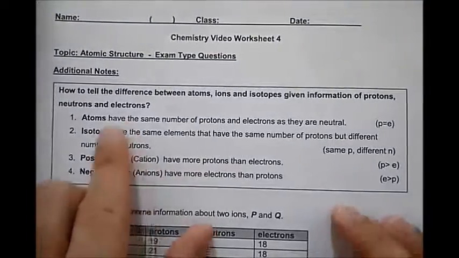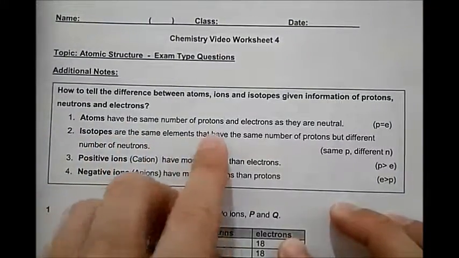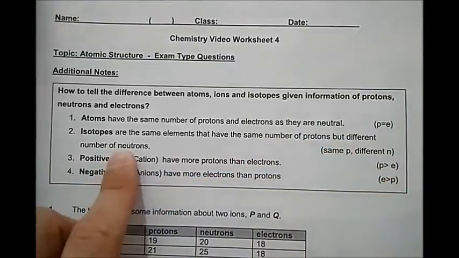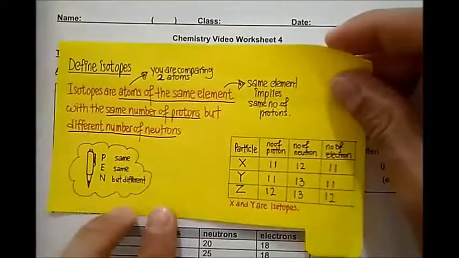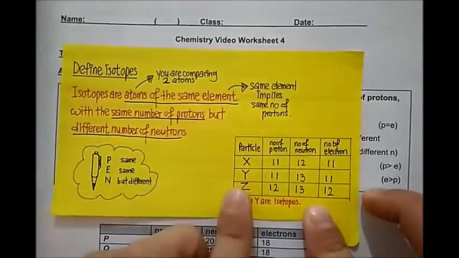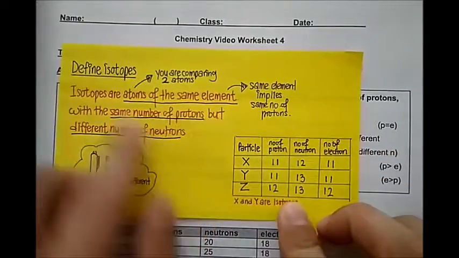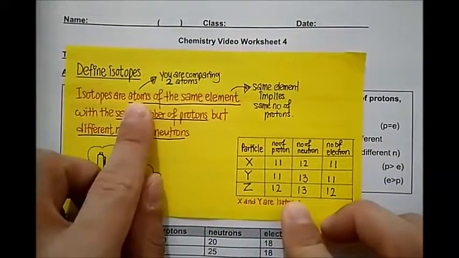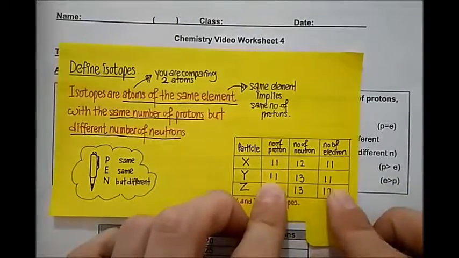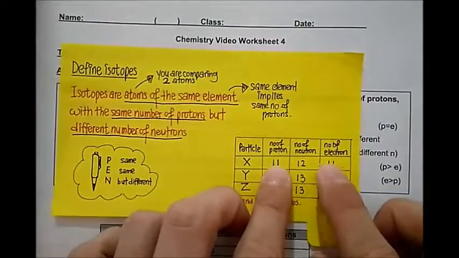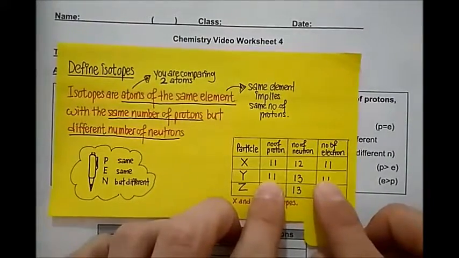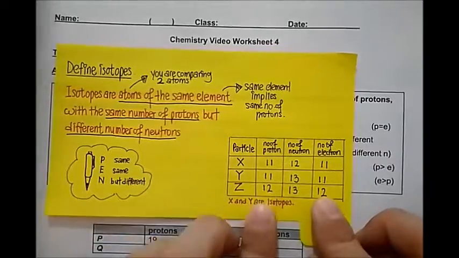Now, what about isotopes? Isotopes are the same elements that have the same number of protons but different number of neutrons. Again, this is from the revision video on isotopes, the definition of isotopes. We have the example over here, but you must bear in mind that isotopes are atoms, meaning they have the same number of protons and number of electrons.